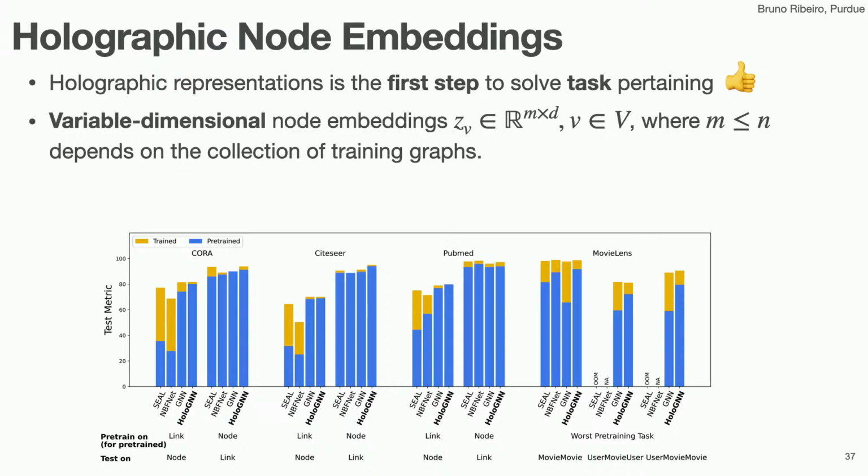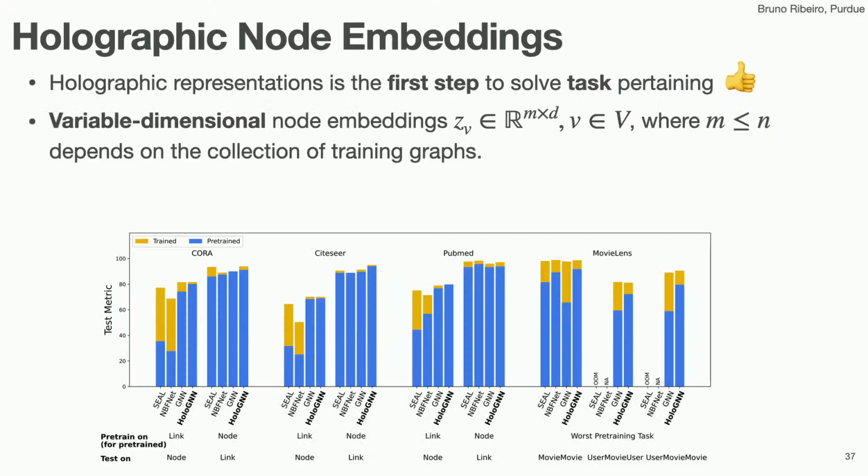They have a big gap between using the pre-trained embeddings and training directly on the task. Essentially this plot is showing the gap that exists between what we can do with standard methods and what we can do with holographic node representations.